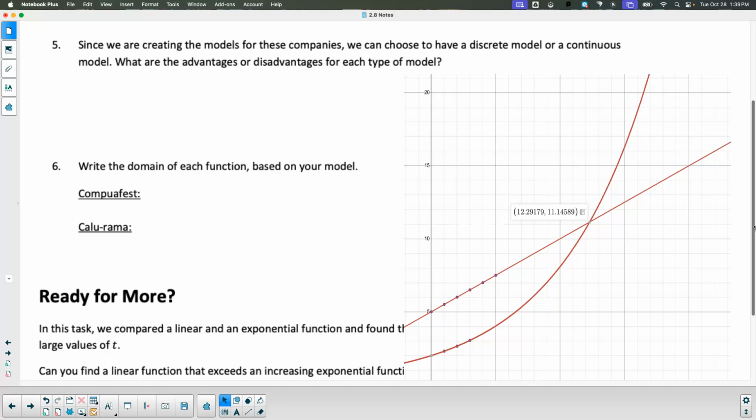It just so happens that the two people that I sell my products to pay me at roughly the same time. So mine, Lindsmeyer Farms, a discrete model would be a better prediction of my income. For these two companies that are selling things year round, definitely continuous. I would agree.